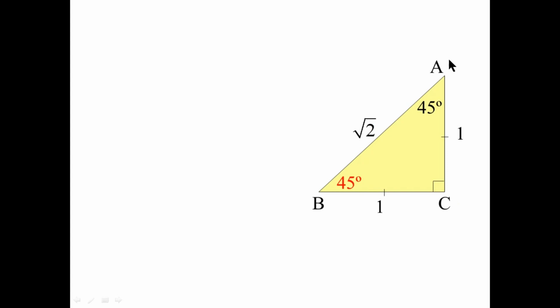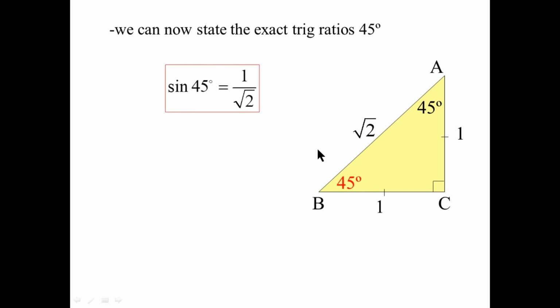And now we have another special triangle, which is going to provide for us the exact trig ratios of 45 degrees. Sine of 45 using SOHCAHTOA, opposite over hypotenuse. Cosine 45, adjacent over hypotenuse.